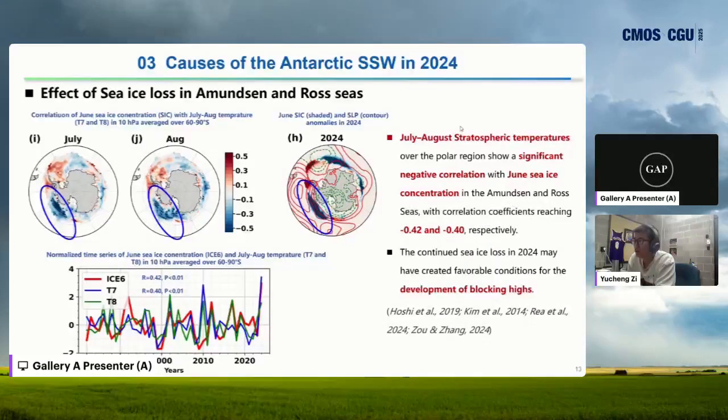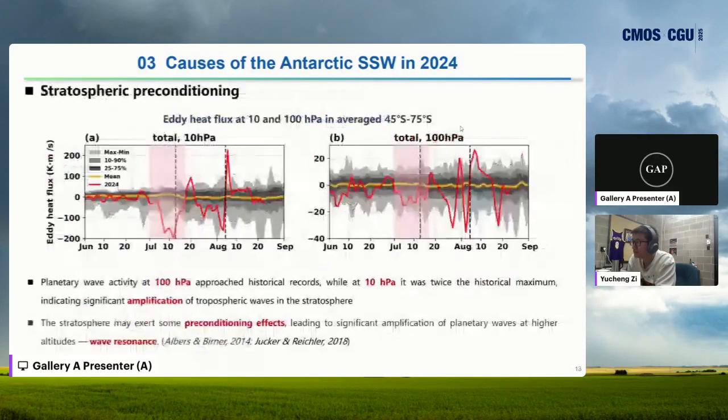In panel H, we can see a positive SLP anomaly over the Amundsen and Ross Seas. So the continued CIS loss in 2024 may have created a favorable condition for the development of blocking high. Okay, next.